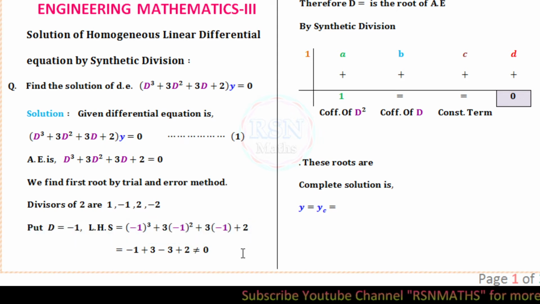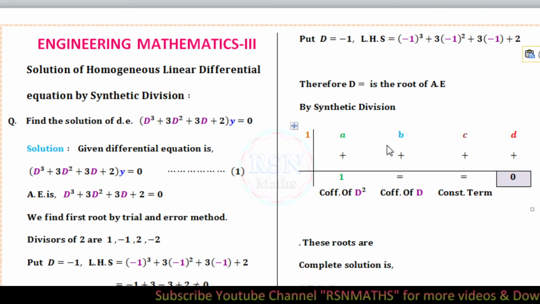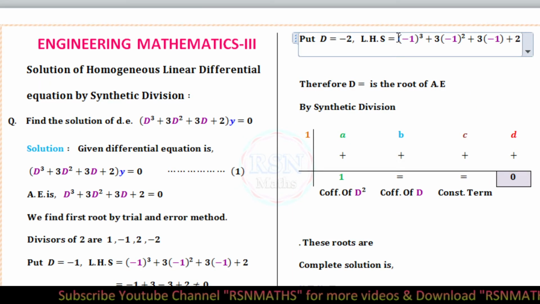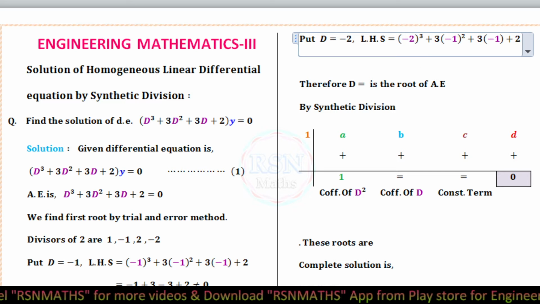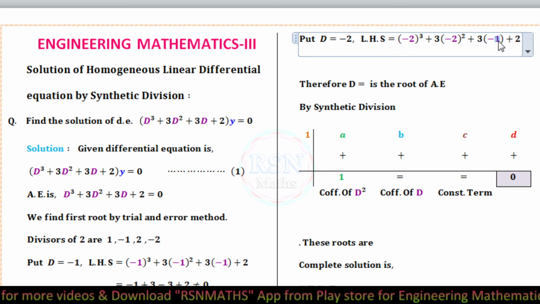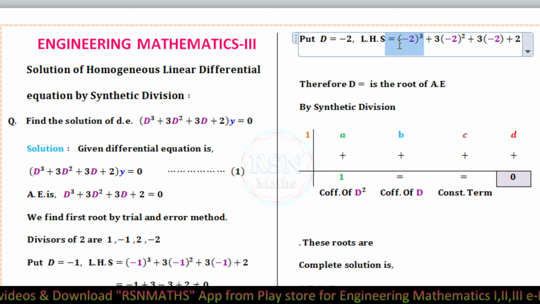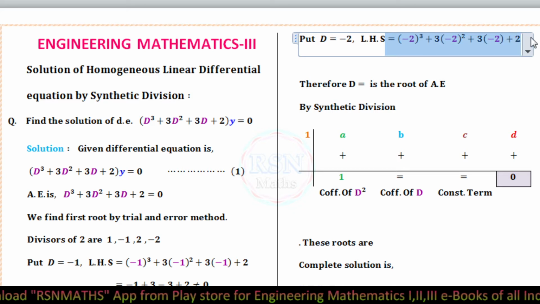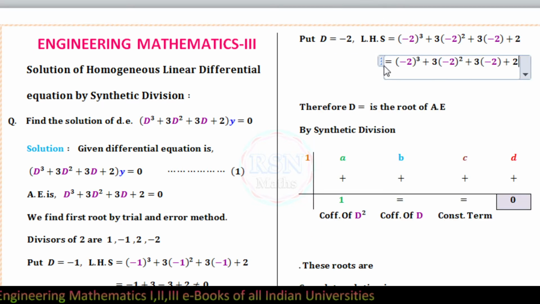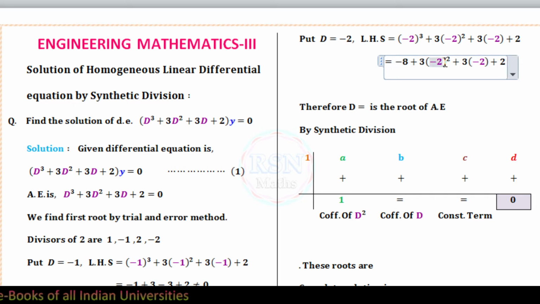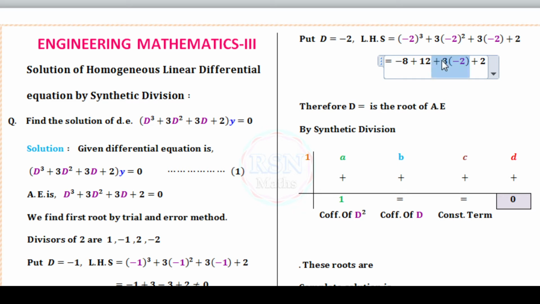So here put D equal to -2. After putting D equal to -2, we get (-2) cube plus 3 into (-2) square plus 3 into (-2) plus 2, and after simplification, (-2) cube is -8, correct? (-2) square is +4, into 3 is 12, and 3 into -2 is -6.